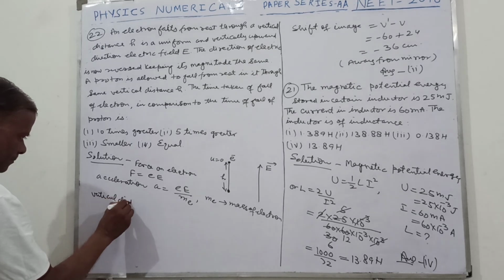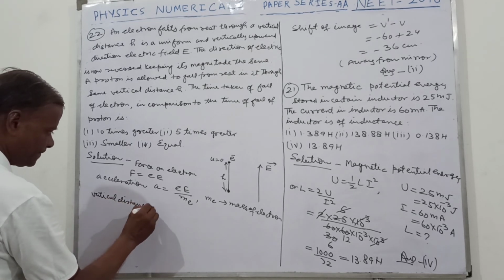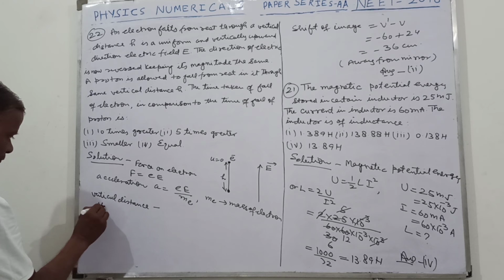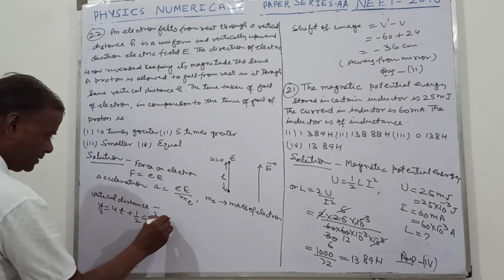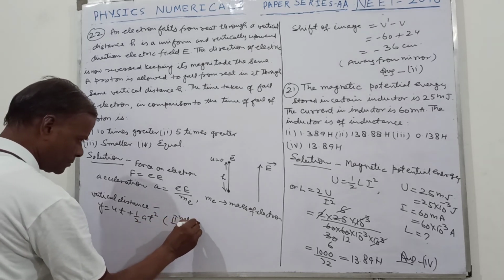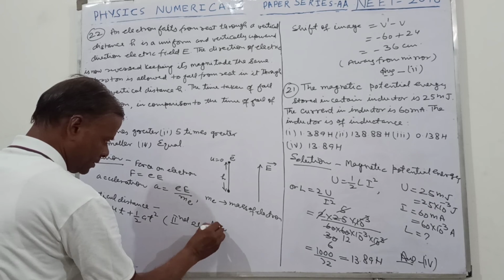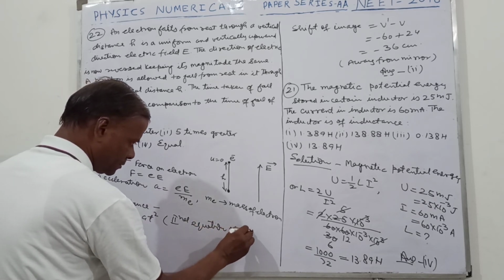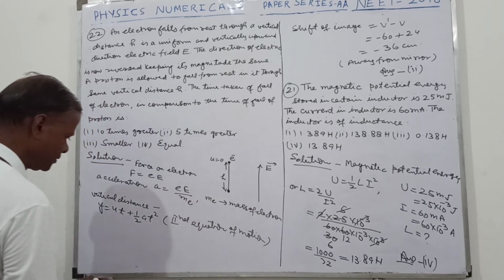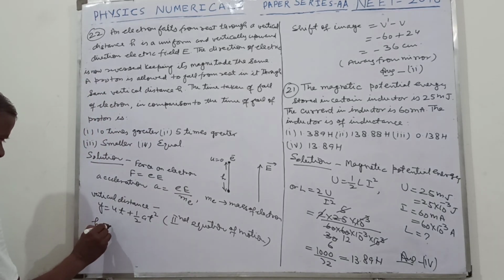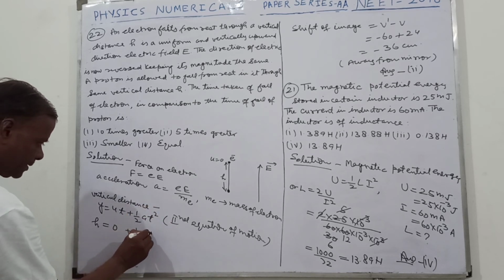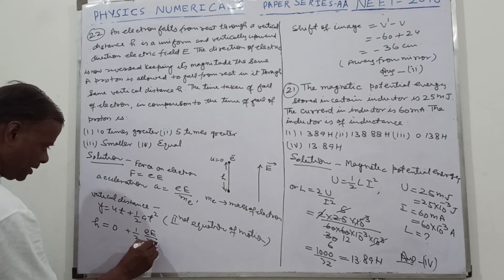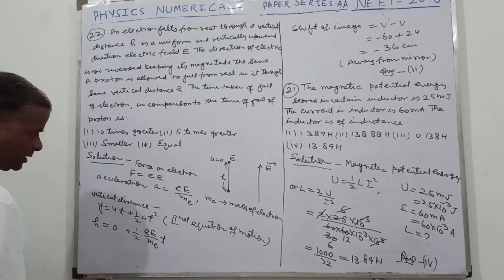Then for this vertical distance we will use the formula y equal to ut plus half a t square, the second equation of motion. So y is given to be h, u is equal to 0, plus half, a is given to be eE upon me, into t square.